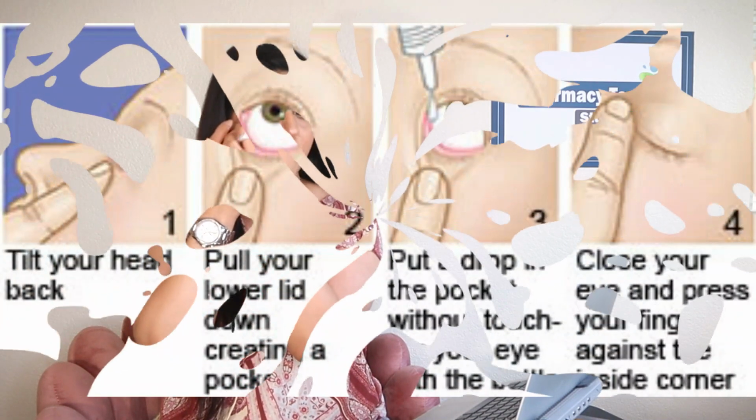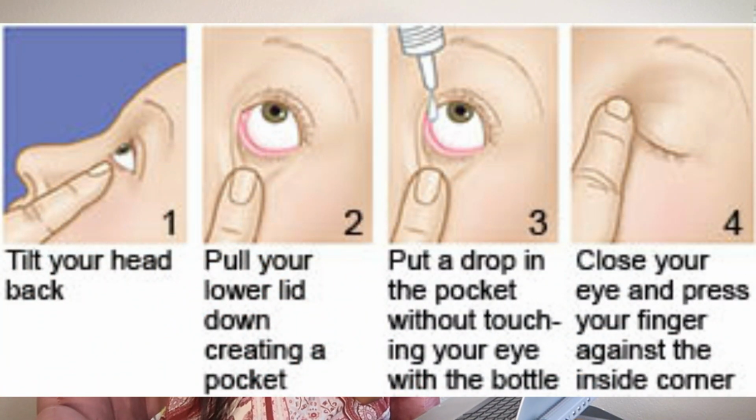So you pull the lower eyelid down and then instill the drops in the red portion of the eye, and then you close the eye and block the inner tear duct to prevent a lot of the eye drops from falling out of the eye. Although in this case it is still expected for excess eye drops to wash out of the eye, it is nothing to be alarmed about because the amount of medication needed as a single dose did actually get into the eye. All right, moving on.